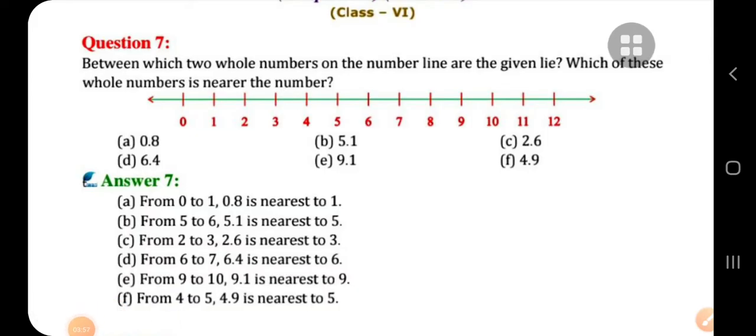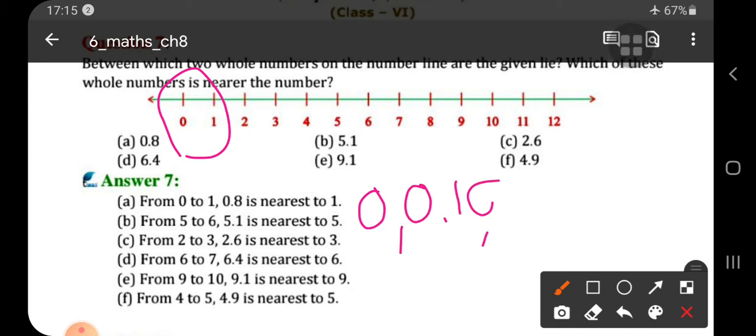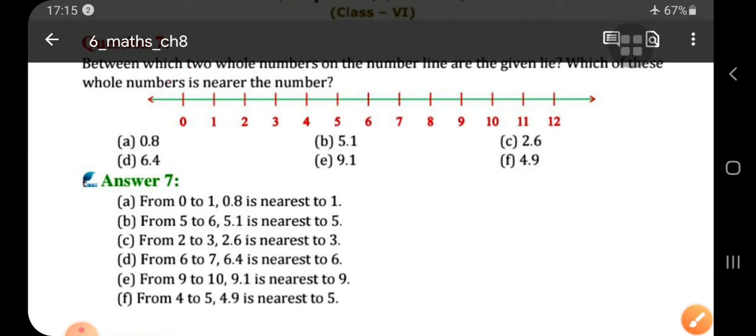Question number 7. Between which two whole numbers on the number line are the given numbers? Which of these whole numbers is nearer the number? First one 0.8. Between which two numbers does 0.8 lie? Between 0 and 1. Because 0, then after it comes 0.1, then 0.2 and so on.